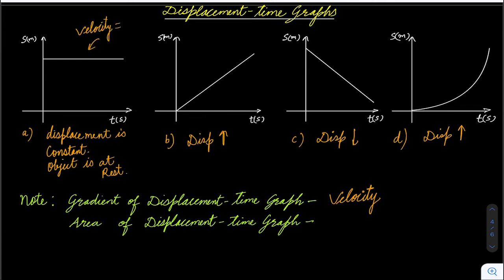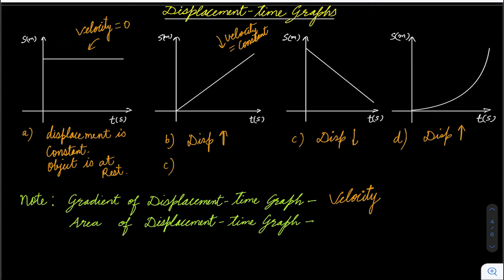I think it's simple. The gradient in the second graph is positive, and obviously it's a straight line, so at every point you have the same gradient. So we can say my velocity is constant and positive also, because the gradient is positive.